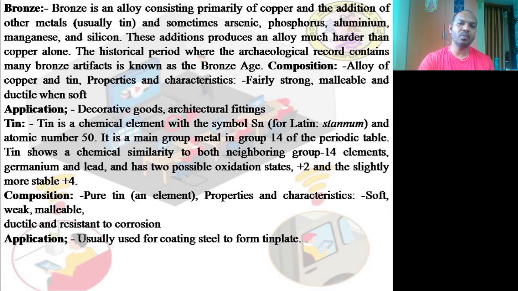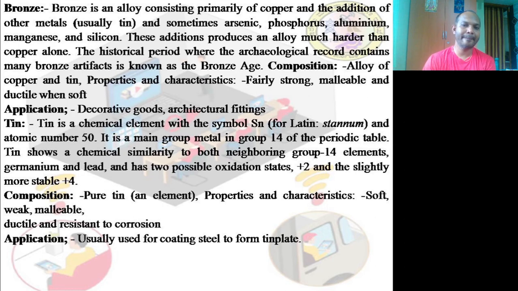It is a main group metal of the periodic table. Tin shows a chemical similarity to both neighboring group elements, germanium and lead, and has two possible oxidation states, +2 and the slightly more stable +4.